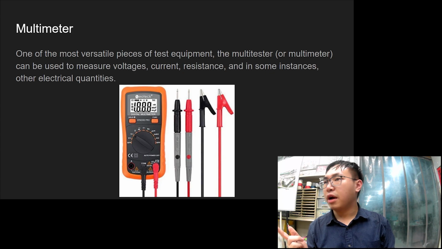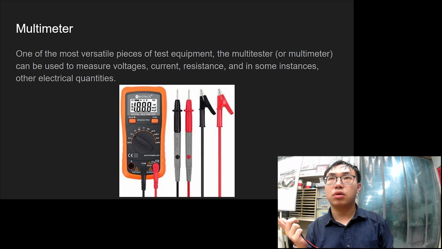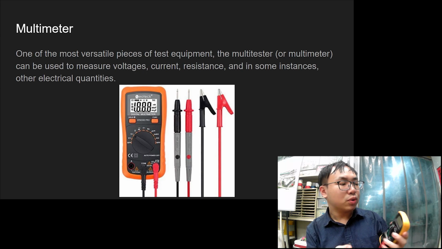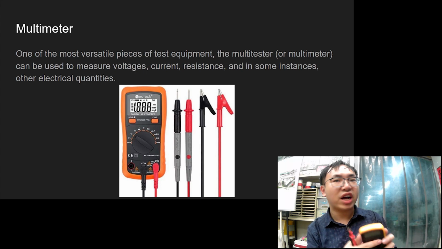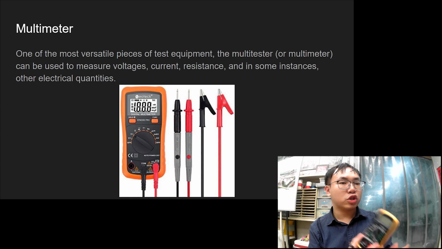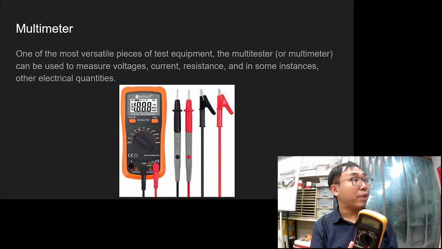AC is alternating current, so it is switching between about positive 260-something and negative 260-something. Your multimeter may not be responsive enough, so it may read 0, or it may always measure the peak instead of RMS.